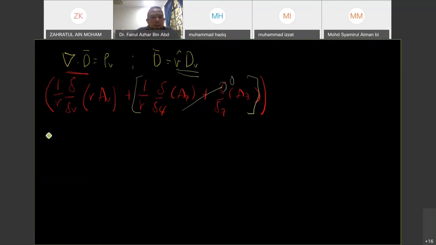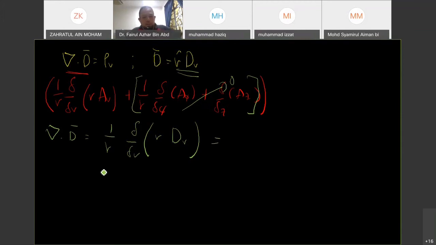So we will have del dot D is equal to 1 over r d dr of r D r. So this will be equal to our rho v. The value for rho v is equal to 5 r e minus r.